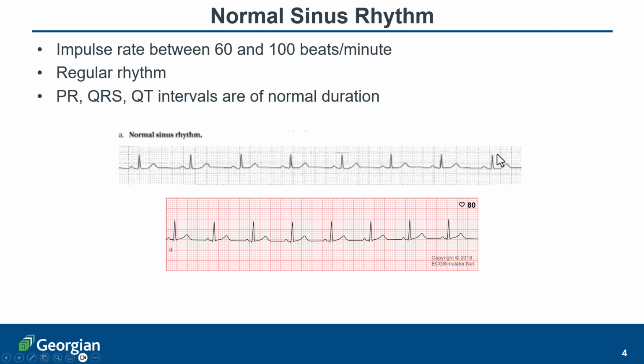The top example is an actual ECG rhythm strip, lead 2, and the bottom one is a simulated one. I have a program that simulates various ECG rhythms, and you can see what normal sinus rhythm would look like. It's regular, the intervals are all of normal duration, although it's not indicated over here, and this represents normal sinus rhythm, or NSR for short.